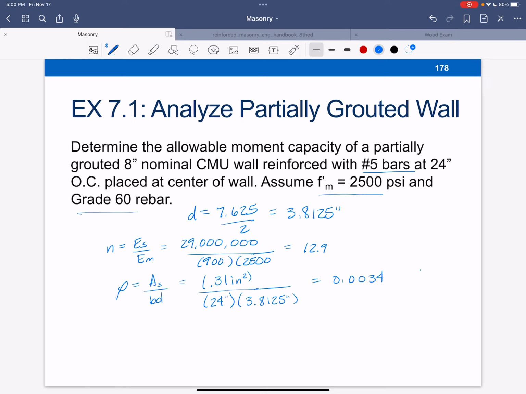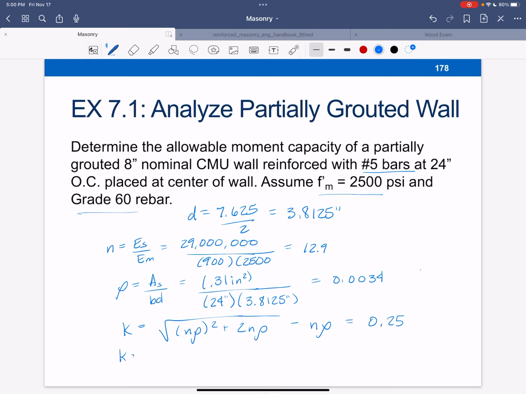0.0034. So if I then solve for little k, it's this equation: square root of (n rho) squared plus 2 n rho, minus n rho. If you plug all those values in, you get around 0.25.